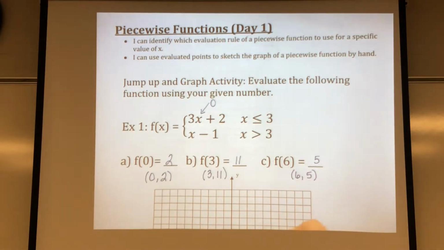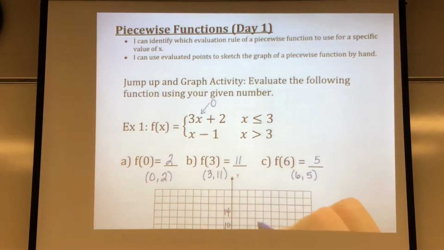So on our graph, we can see that we're going to need to count by 2's in order to get to 11. Looks like on the x-axis we can count by 1's. It is okay to count by different things on different axes. So we're going to graph the point 3, 11. And since it's equal to, it'll be a closed circle.